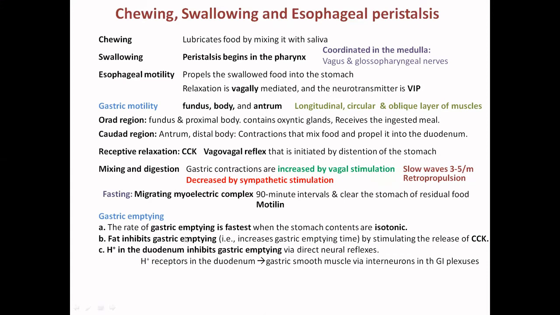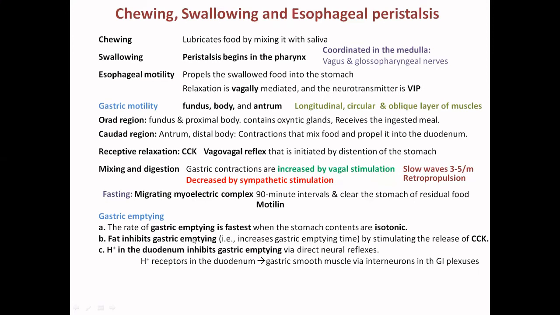So after all these events, the food present in the stomach has to be moved forward, towards further digestion and absorption as well as defecation. So there has to be gastric emptying, and the rate of gastric emptying is fastest when the stomach contents are isotonic to plasma, meaning whatever the tonicity of the food is, it is isotonic.